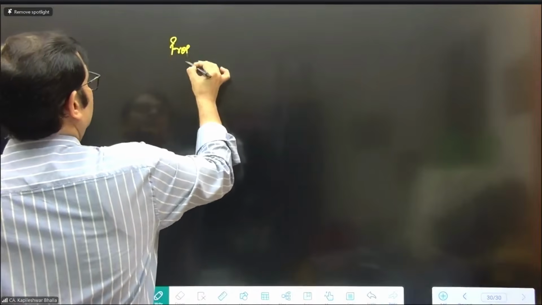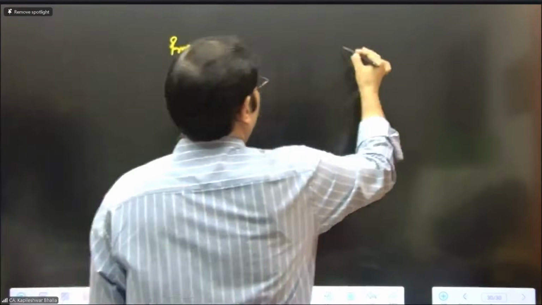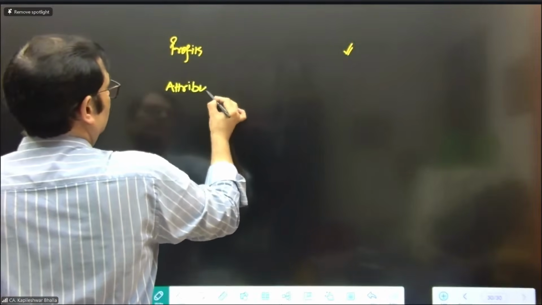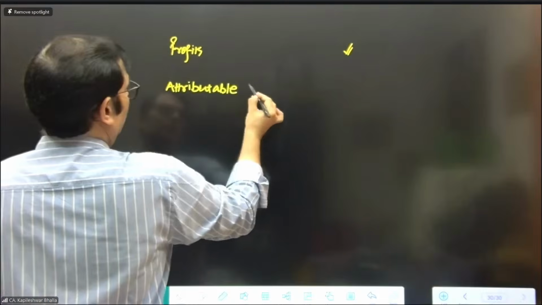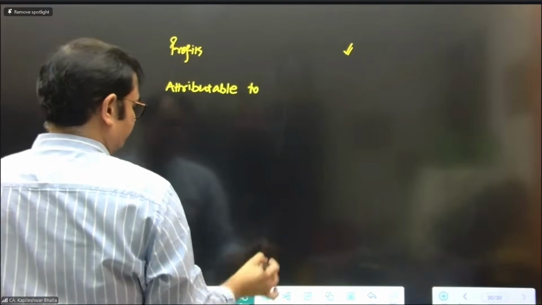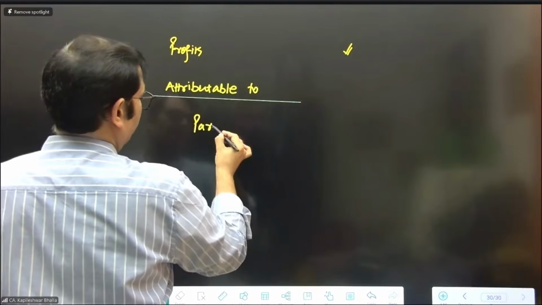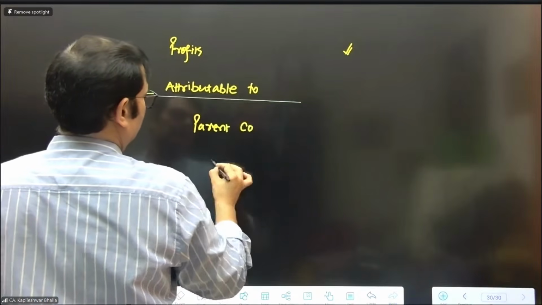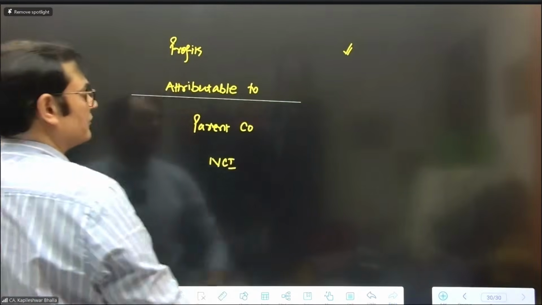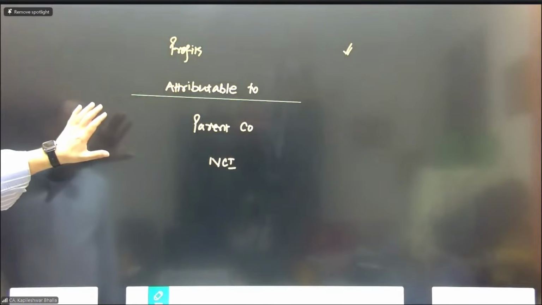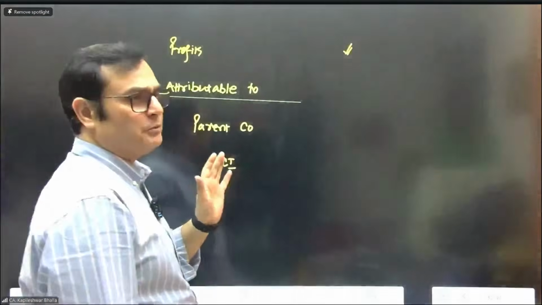Once you get the profits in the consolidated P&L, we need to divide this: it is attributable to two heads, the parent company and the NCI. This is another very crucial point.